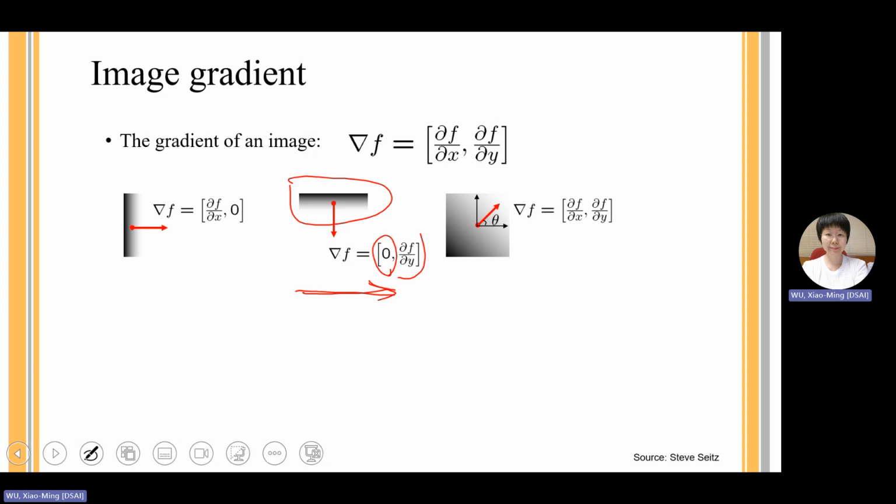Each row has a constant value, so the X derivative is zero. For each column, however, the pixel value keeps increasing. So vertically, the image derivative is non-zero.